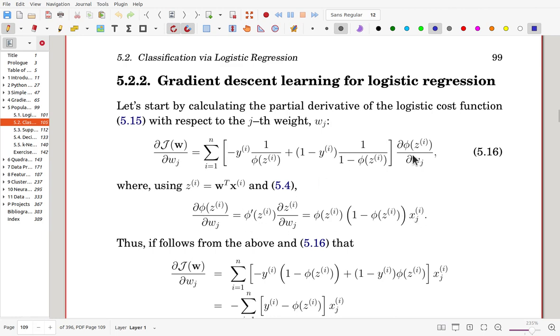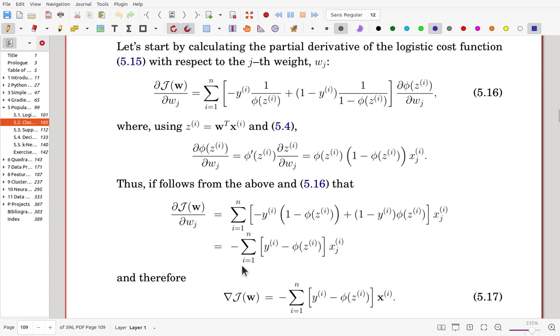So we put it over there, then we can write it in this way, and that portion can be changed into 1 minus phi, and this portion is changed into phi. So we have that here. With simplification, we reach this.